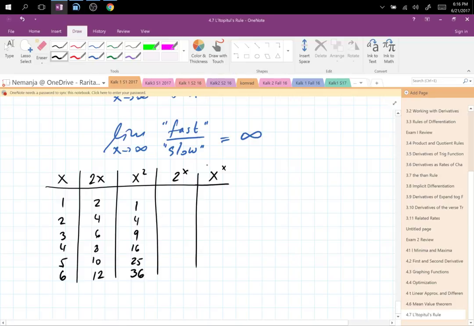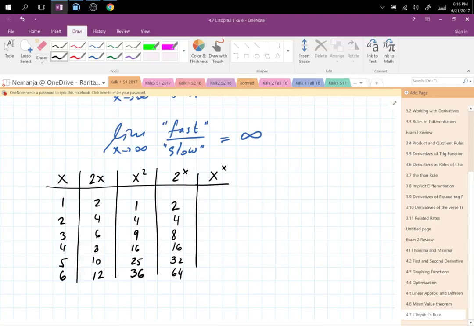Now 2 to the x: 2 to the 1 is 2, 2 squared is 4, then 8, 16, 32, and 64. Remember how they say it grows exponentially? Compared to the linear growth of 2x, the exponential growth is really large, 64 at the 6.